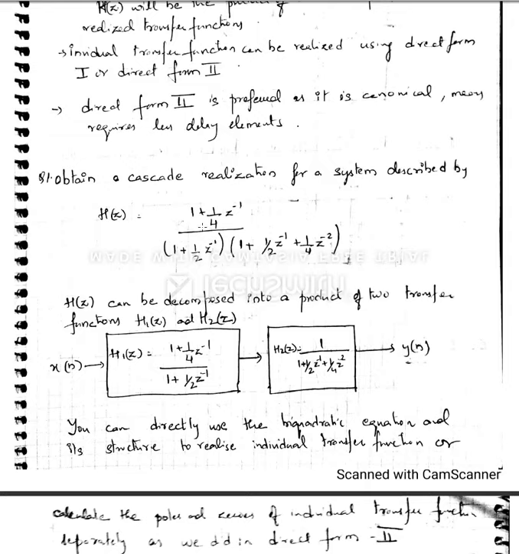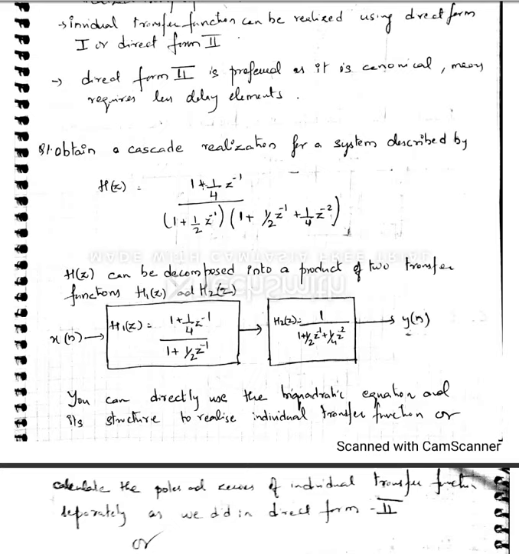So let's see a problem. Obtain a cascade realization for the system described as this. Okay, so now you need to look separately at the factor 1 plus 1/4 z inverse, which has been given separately. Let's go for decomposing this into two different transfer functions.